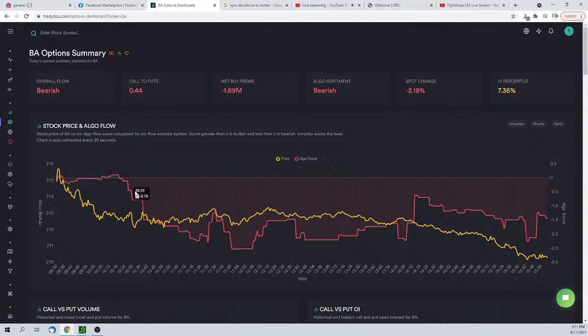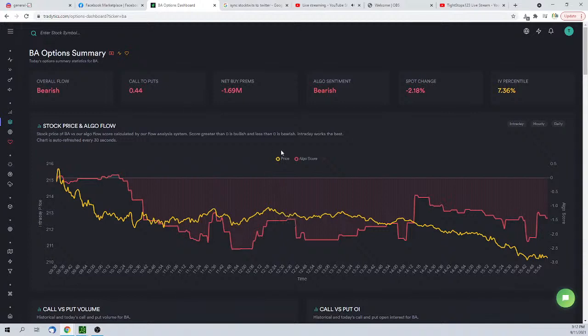And then you start seeing this come in. Yeah, you consolidated here for quite a long time, but there was never any instance of a big buy signal of calls coming in. So that's why I really love this tool to keep me in trades.